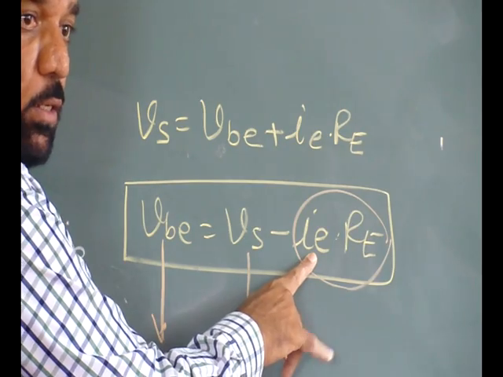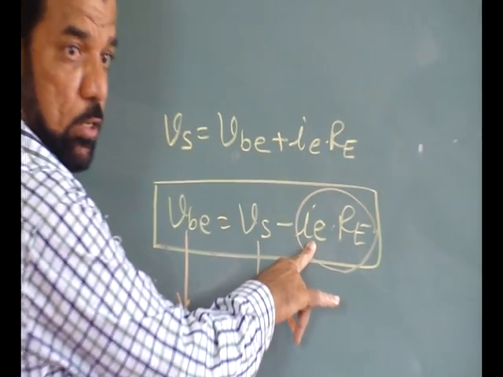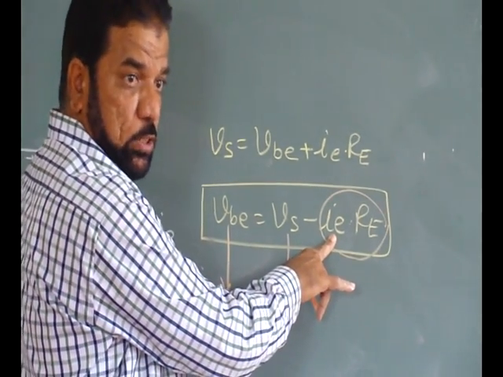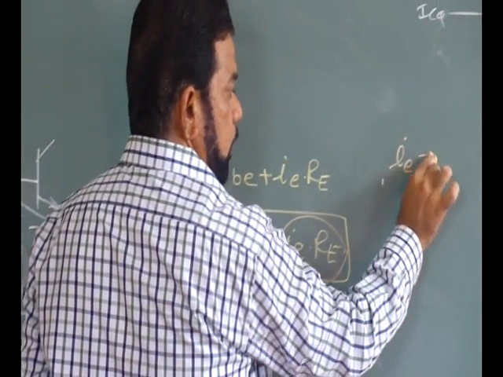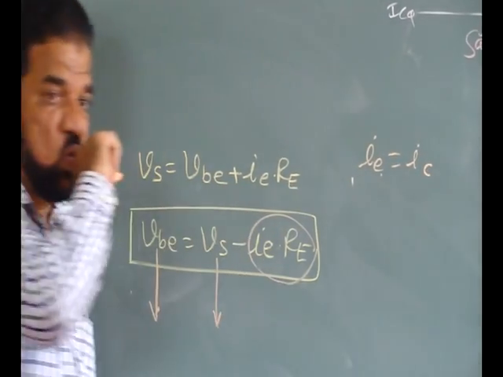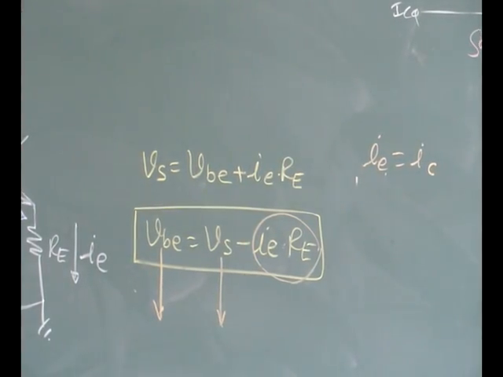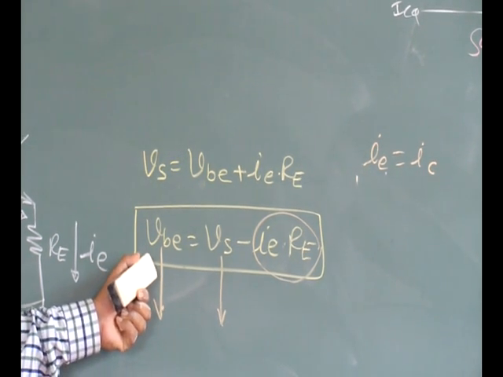IE is the AC emitter current. It is actually the IC because IE is nothing but IC. IC is the current from the output side. Where did we write the equation? On the input side.